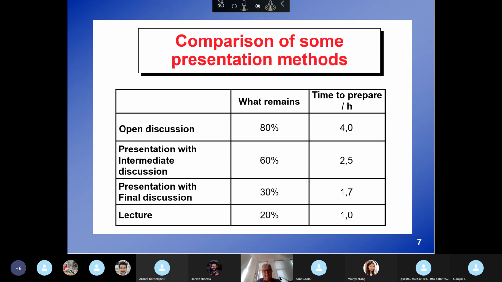So give only 20% of your time to the answers and the discussion, which means, as you see from the slide, 1 hour presentation, 1 hour preparation. In fact, in Europe, this is what is considered standard. If you teach 15 hours, even in Trento, people assume that you need 15 hours of preparation.